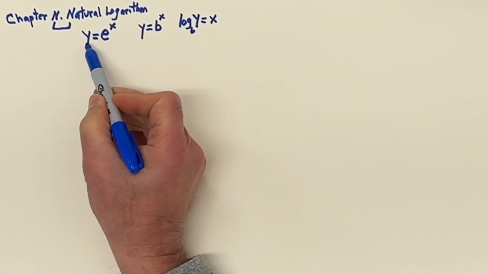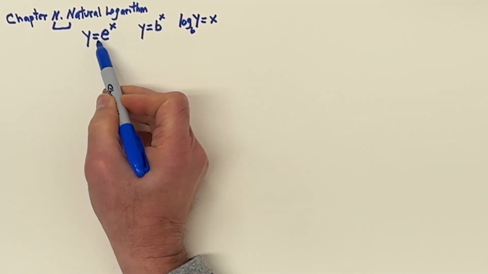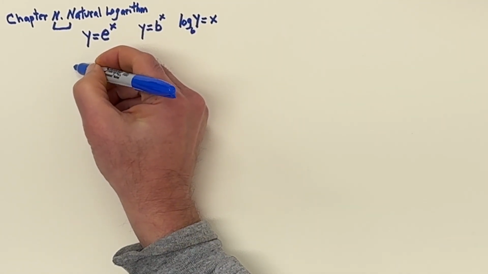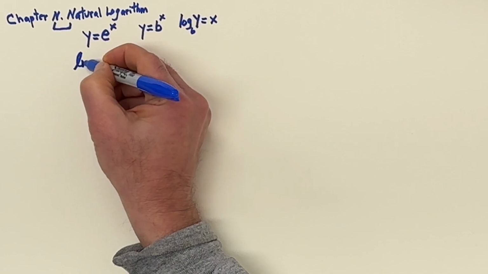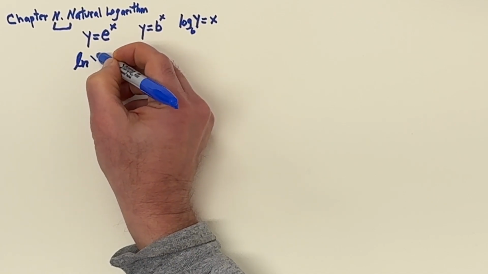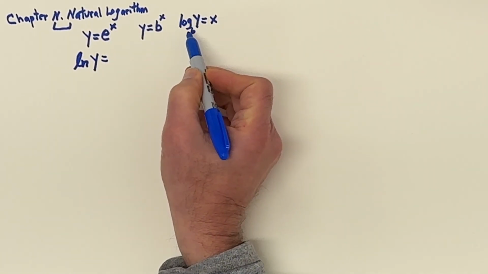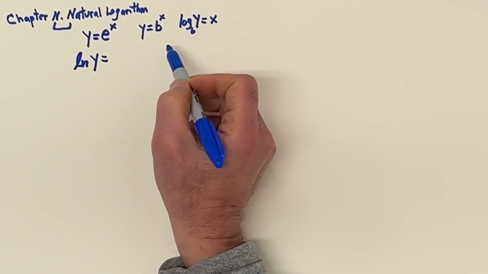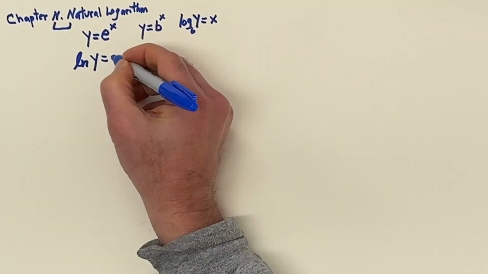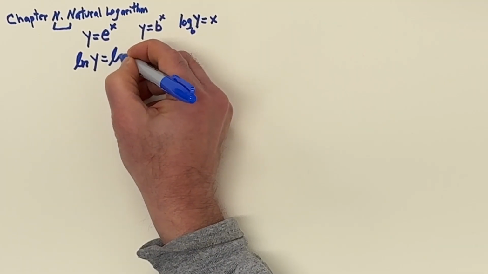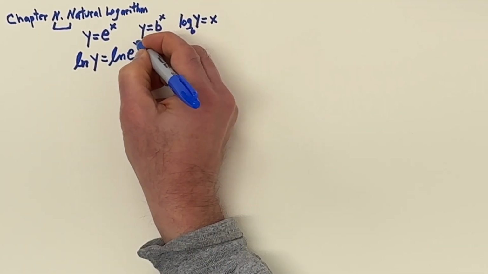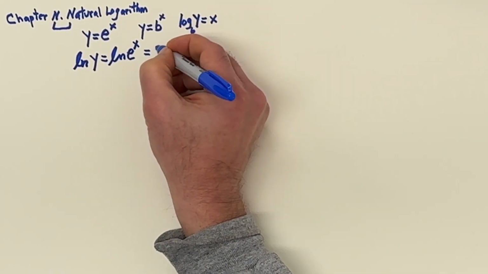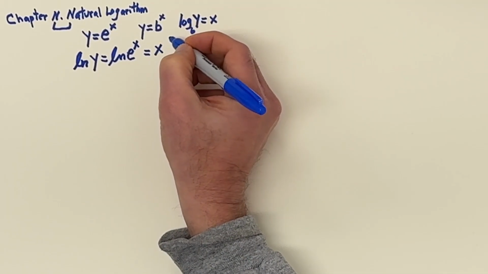So we want the log of y base e, but since that's the natural one, we have our notation ln for that. We could have written log with the little e, but that is defined to be ln. So the natural log of e to the x, you have just x.